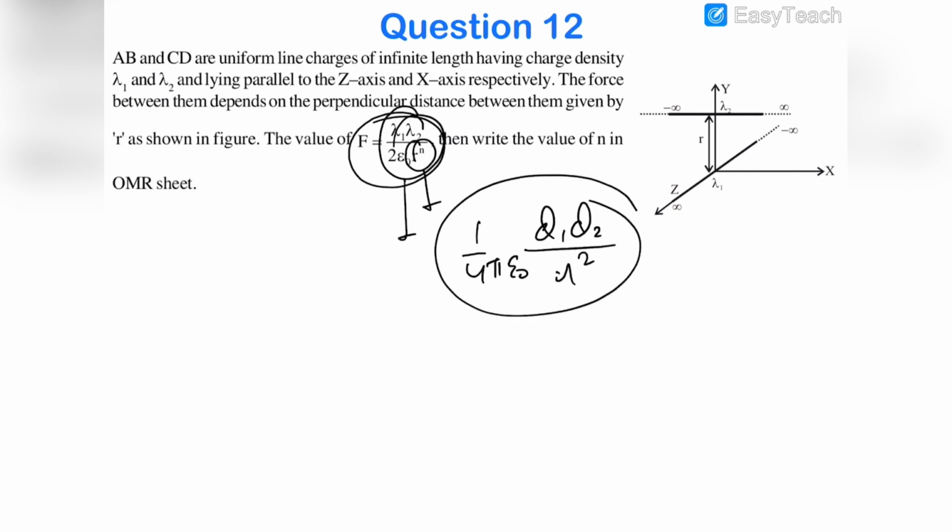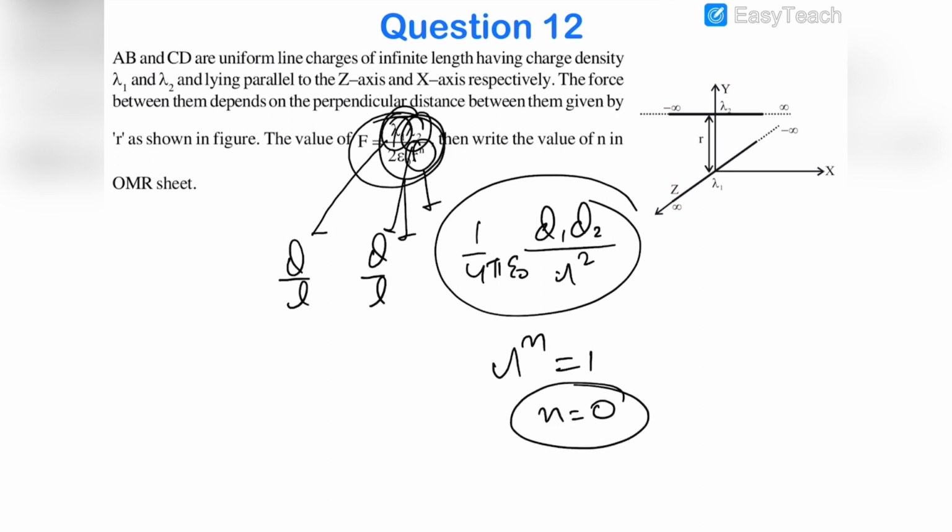You can see that lambda 1 has a dimension of q by l, lambda 2 has a dimension of q by l. Therefore r to the power n will be 1 and n will be 0. You can check this by dimensional analysis. So the correct answer is 0.